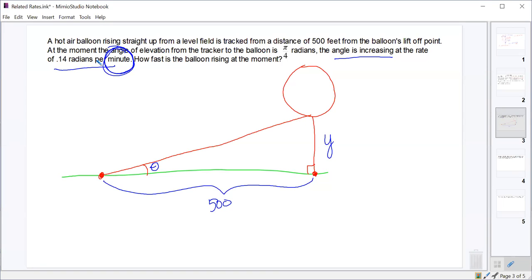So that angle is changing at 0.14 radians per minute. So we're going to call 0.14 our change in theta, d theta dt, with respect to time. So the instantaneous rate of change of that angle at the moment that we're interested in is 0.14 radians per minute. Everybody good with that or no?